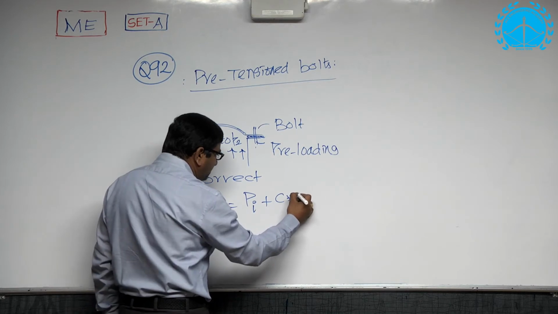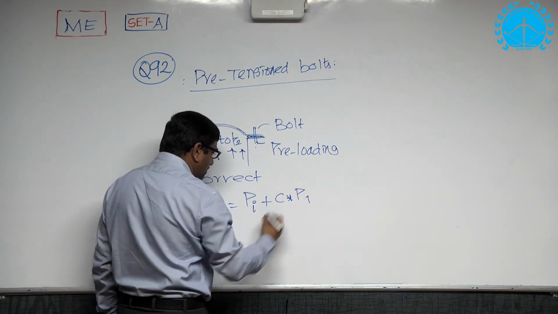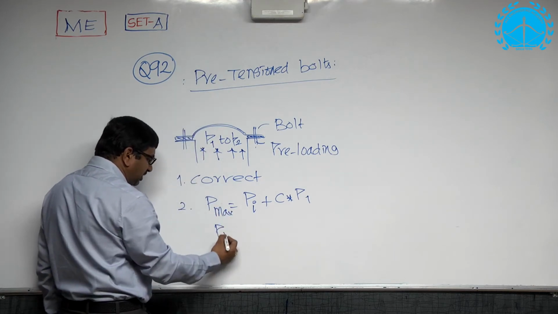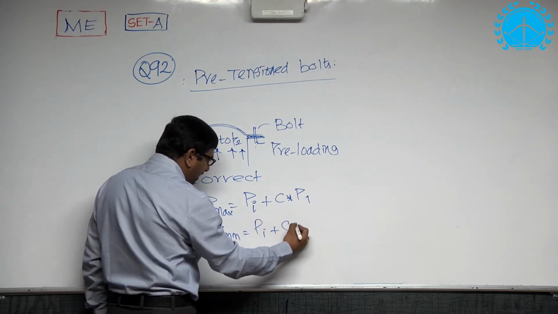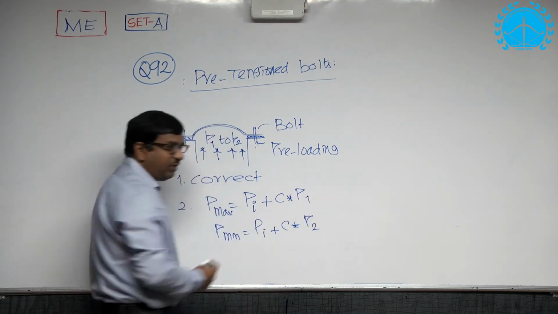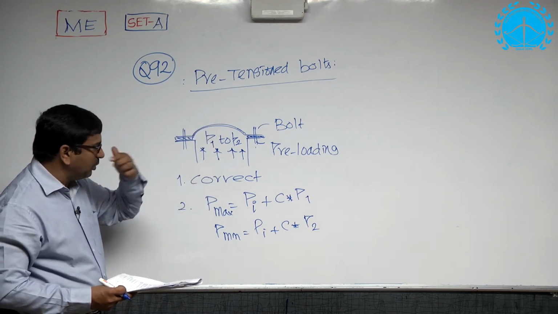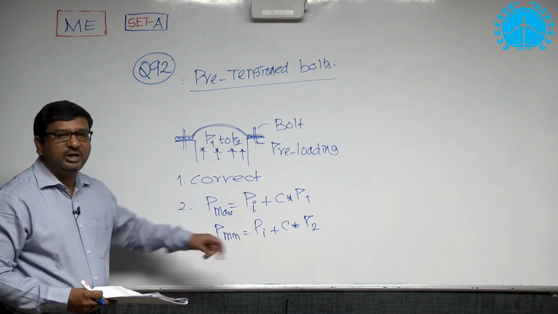So when this is varying between two limits, P1 to P2, this may be the maximum on the bolt and this will be the minimum on the bolt. So if the bolts in the pressure vessels are subjected to fluctuating loads, the maximum load and the minimum load will be in this way.